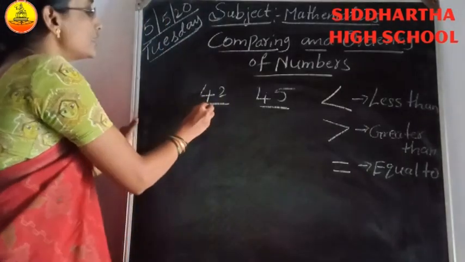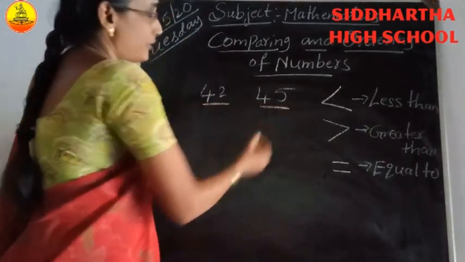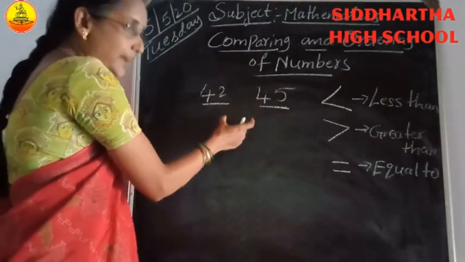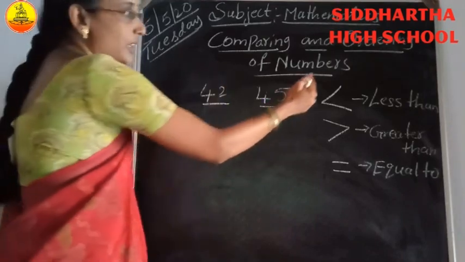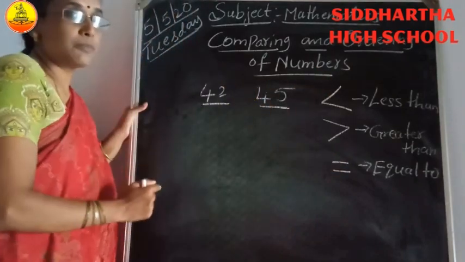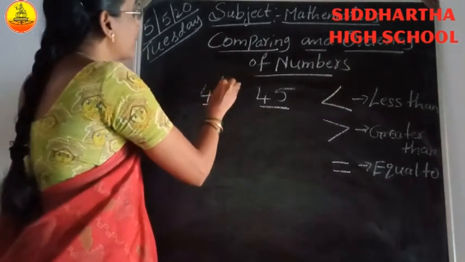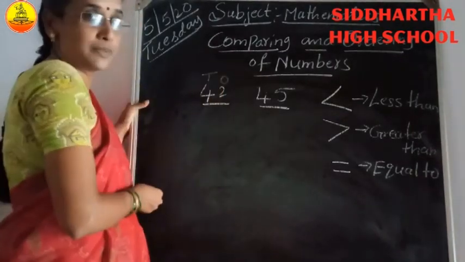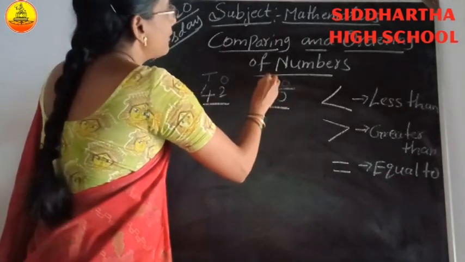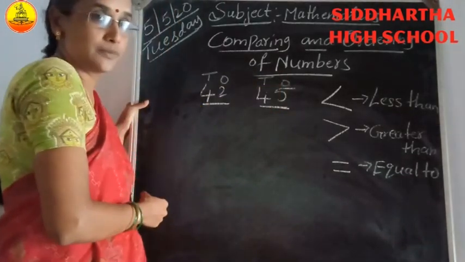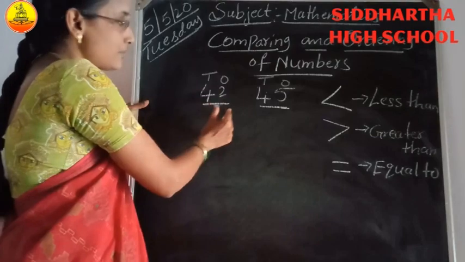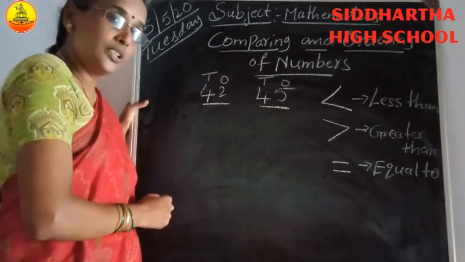Now this is 42, this is 45. When you compare these two numbers, which symbol will you use? First observe the ones place and tens place. This is a 2-digit number and this is also a 2-digit number.